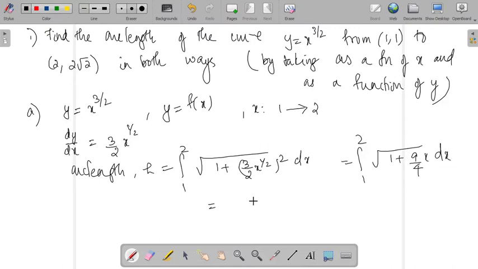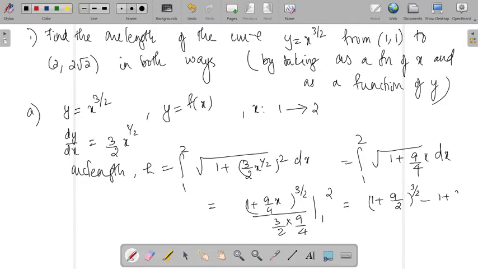So upon integrating we will get 1 plus 9 by 4 x whole raised to 3 by 2 by 3 by 2 into 9 by 4, from 1 to 2. So that will be 1 plus 9 by 2 whole raised to 3 by 2 minus 1 plus 9 by 4 whole raised to 3 by 2, by 27 by 8.